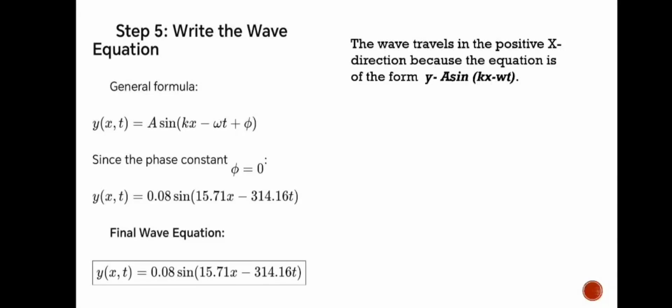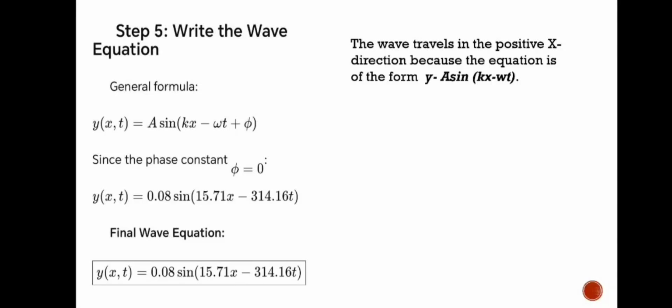So this is our last step, which is Step 5, write the wave equation. Our general formula is y is equal to A sin(kx minus omega t plus phase), where the phase is considered as 0. So our final answer is y is equal to 0.08 sin, where 0.08 is the amplitude, times 15.71, which is the wave number, and minus 314.16, our angular frequency.